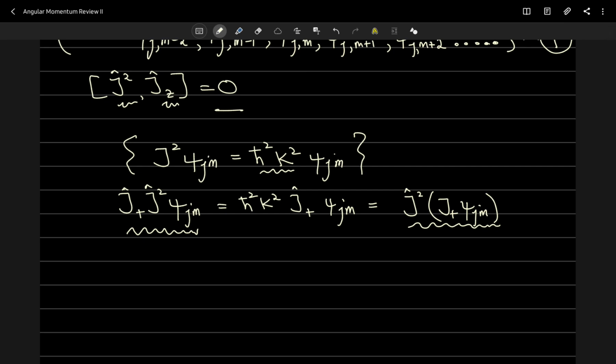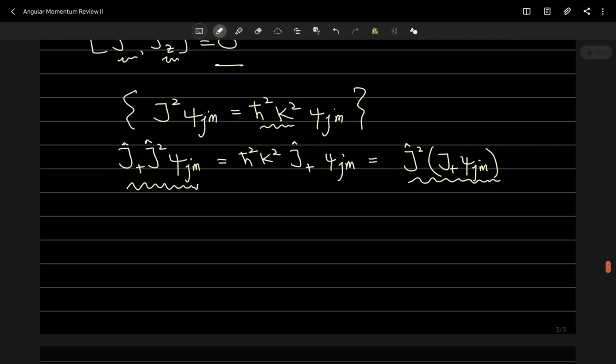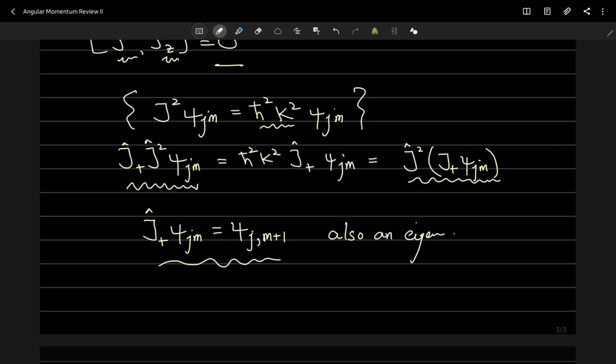So this equality asserts that j plus psi j m, which is equal to psi j m plus 1, is also an eigenfunction of the j squared operator, corresponding to the eigenvalue. What is the eigenvalue?